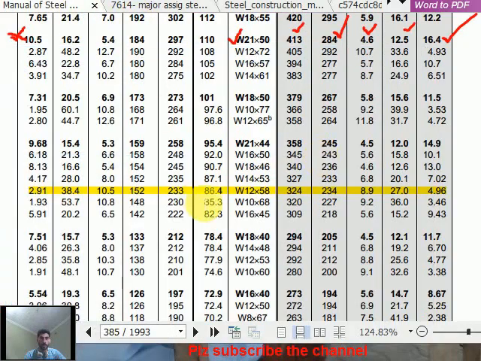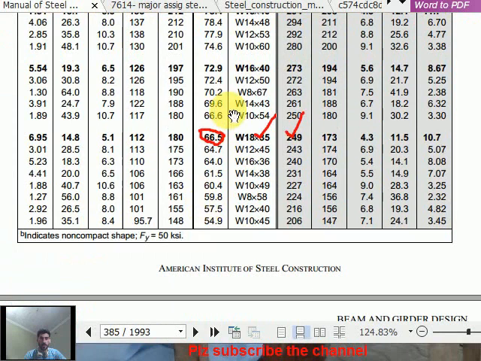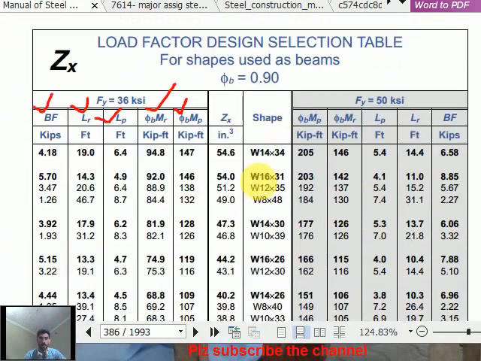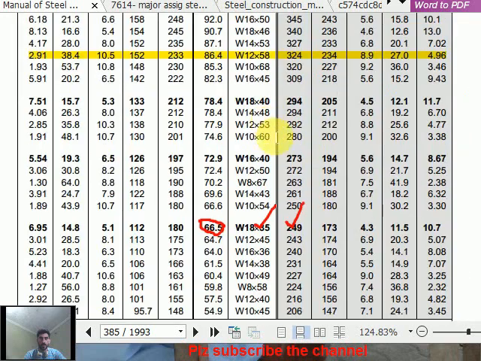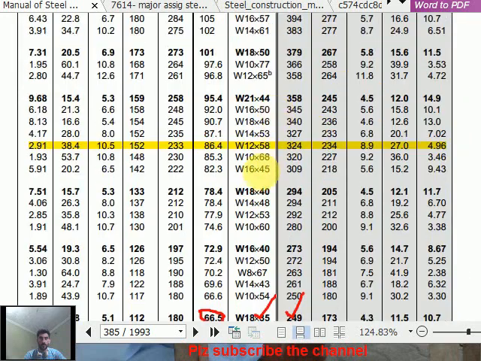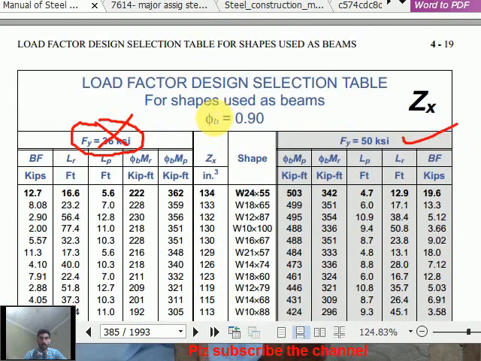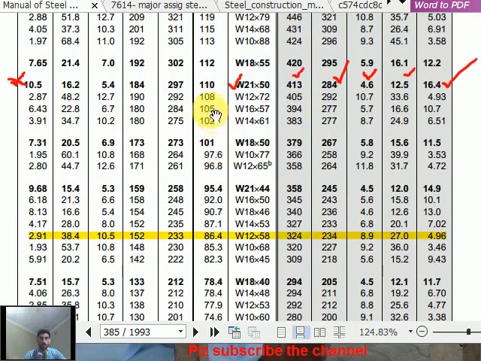W18 section, this one, lightest section, remember. There are decreasing now, 18 40, and 18 46 having a plastic section modulus Zx of 101. This is the lightest section, remember.